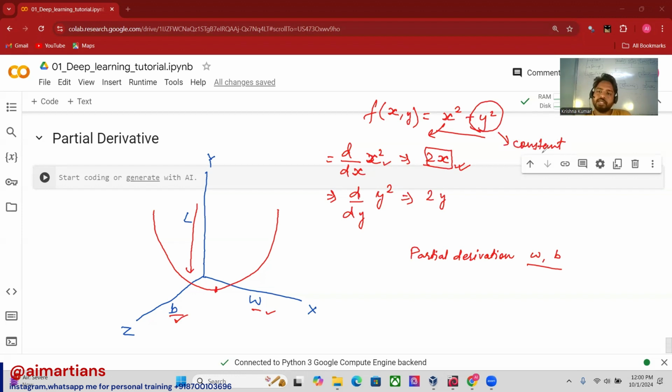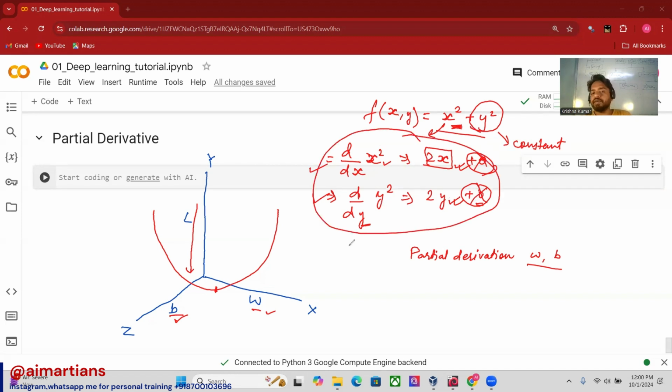Similarly, I take the same equation because I'm calculating the derivative with respect to y, so I consider x square as a constant, whose derivative is 0. That's why we are not representing that value in our expression. And this is called partial derivative.